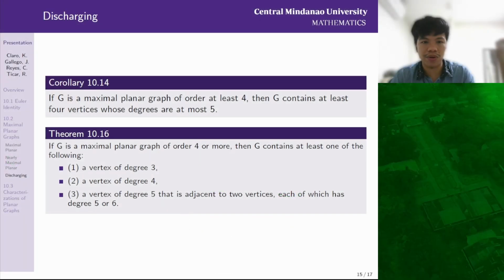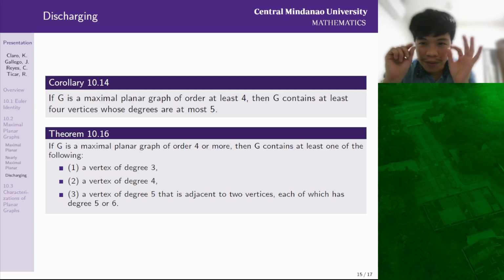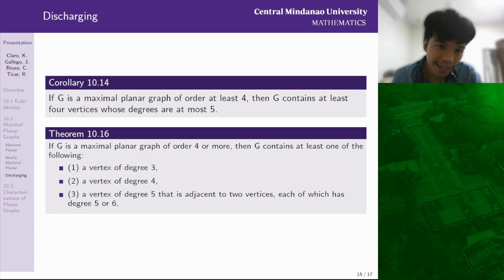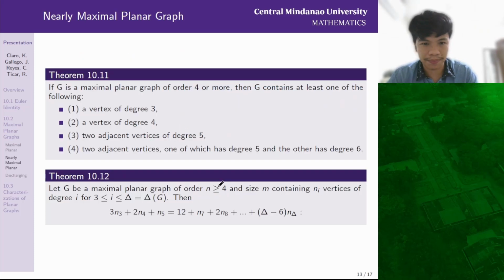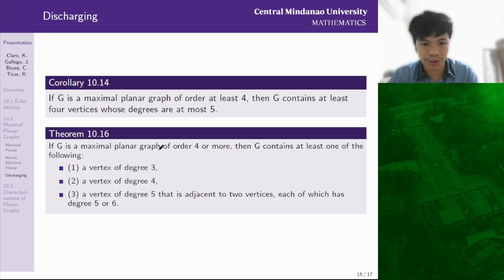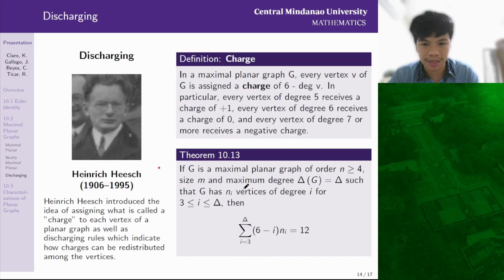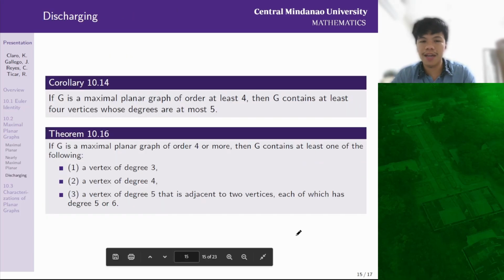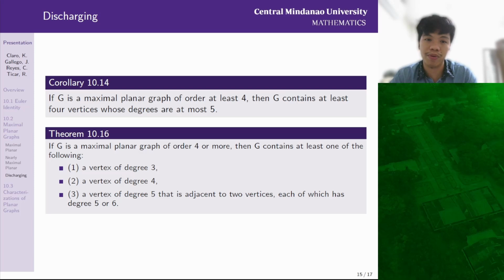We have theorem 10.6. If you have sharp eyes, this theorem 10.6 is similar to our previous one, which is theorem 10.11. As you have noticed, it is the same, Figure 6. The only difference is that it uses the concept of charging and discharging in the proof.